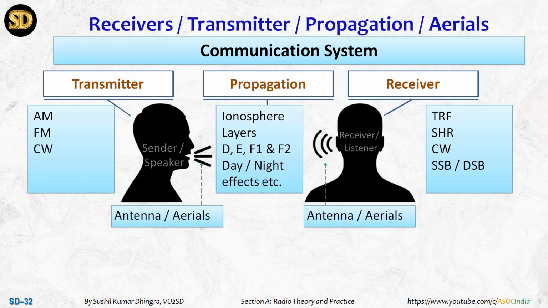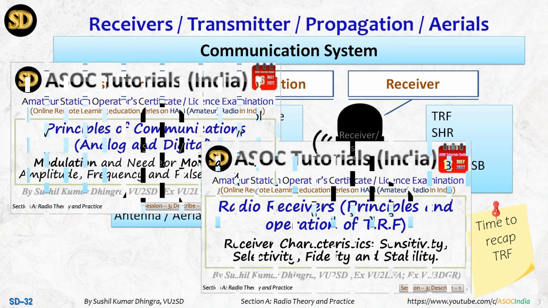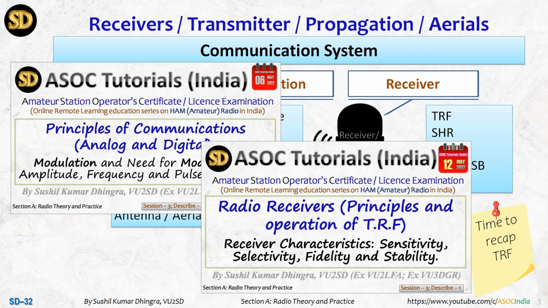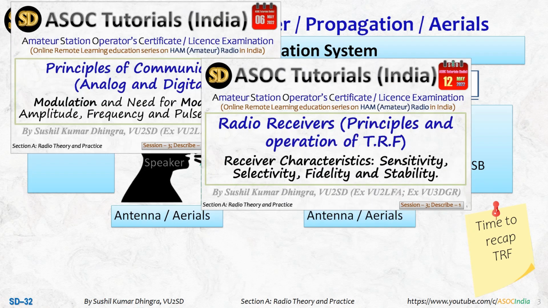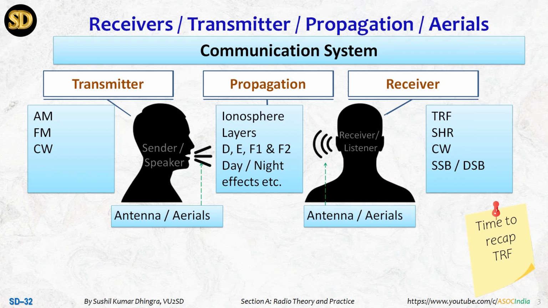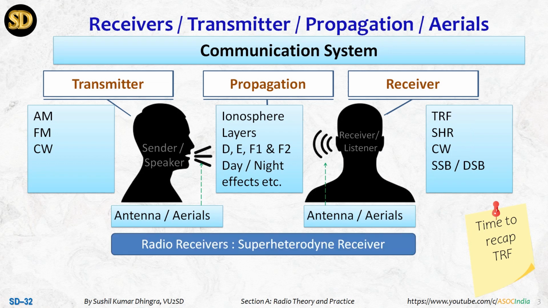Before I go to today's session, it is time to recap previous sessions. First, go and watch the previous session, because this session is a continuation, and today's session is the Superheterodyne Receiver.